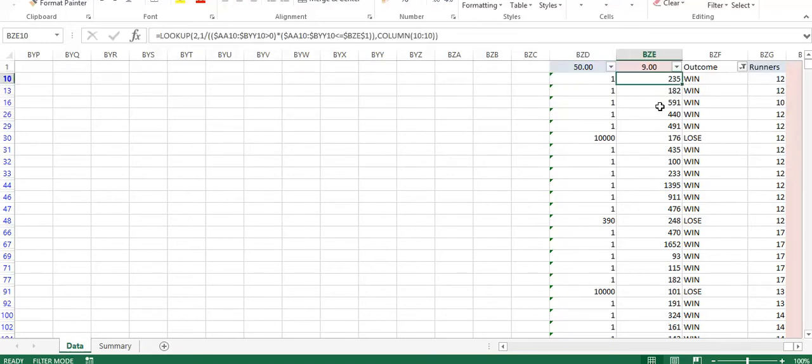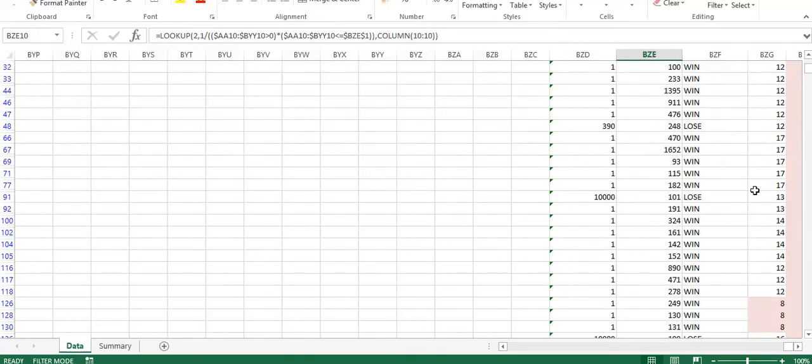And then this is recording the first occurrence in terms of column number where the horse traded at or below 9. And then you're seeing the last occurrence where the horse traded at or above 50. And naturally, where the last occurrence is a lower number than the first occurrence, we've got a winning trade. So if I'm just going to look for an example here.